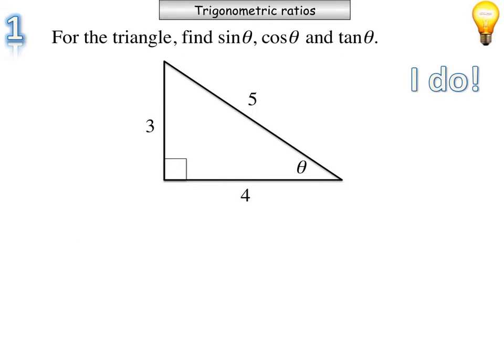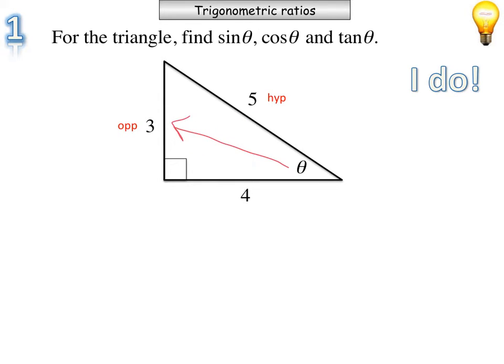So for the following triangle, let's find those three ratios: sine, cos, and tan. Sine theta is saying, in relation to this angle, what are the three ratios? That variable is just a Greek letter to say we don't know what the angle is, but let's write down the ratios. The hypotenuse is always opposite the right angle, so there's your hypotenuse.